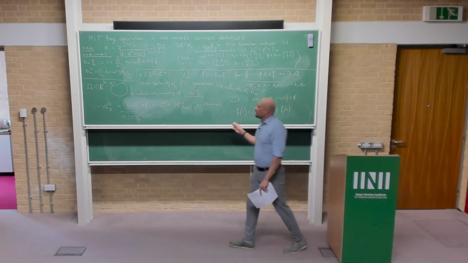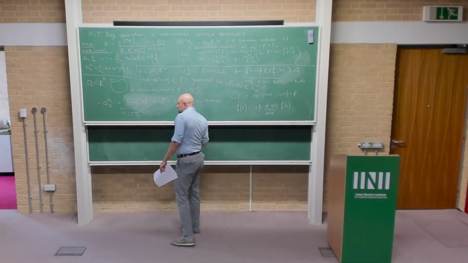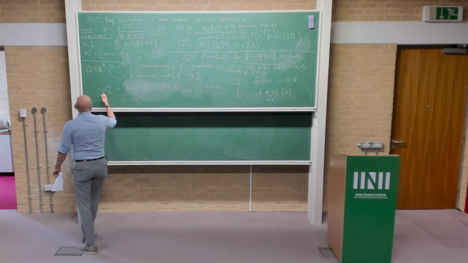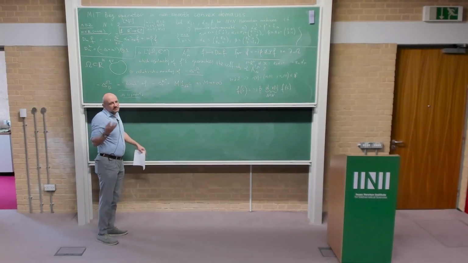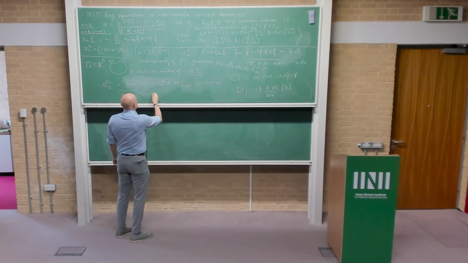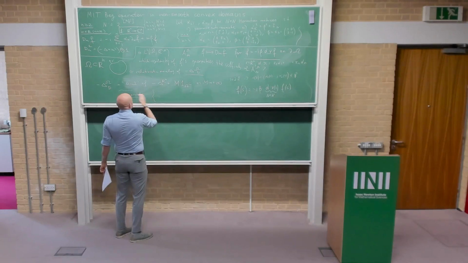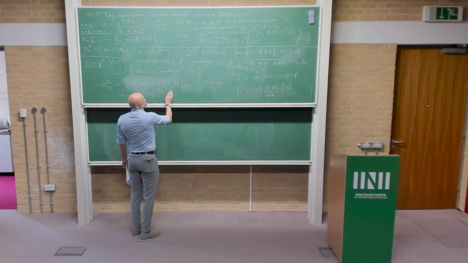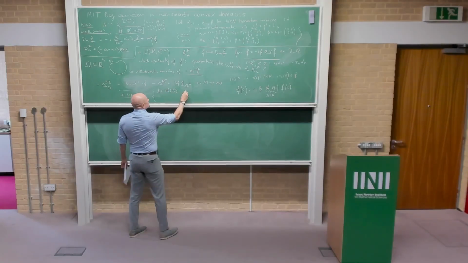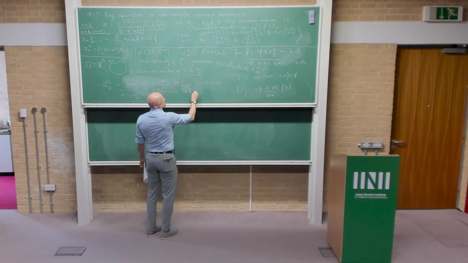But anyway, how do you define the Dirichlet Laplacian? The abstract definition is very easy. The domain consists of f in H^1_0(Omega) such that the Laplacian of f is in L2(Omega).